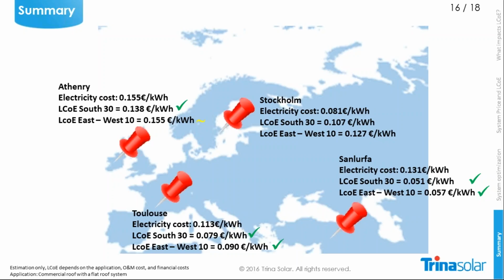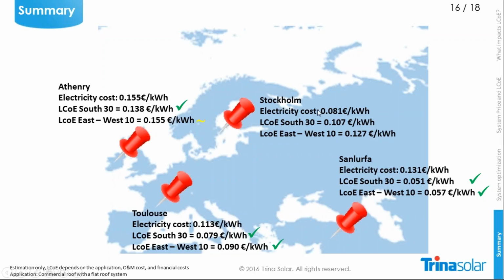So with a south-orientated system we are below, and with east-west it is equal. So depending on the electricity price development, if you want to have the highest capacity, you can go with east-west and can have a stable electricity price for the next years.